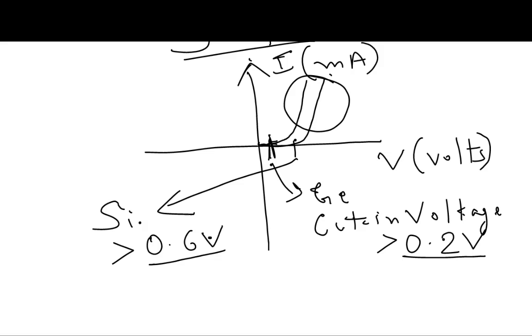Note that the graph is plotted in the first quadrant. So if you think of this graph, this is the first quadrant, this is the second quadrant, this is the third quadrant, and this is the fourth quadrant. So now the graph is plotted in the first quadrant, as in forward bias both voltage and current are positive.